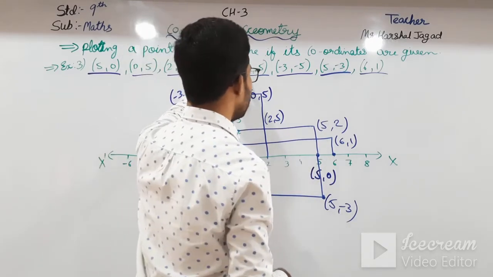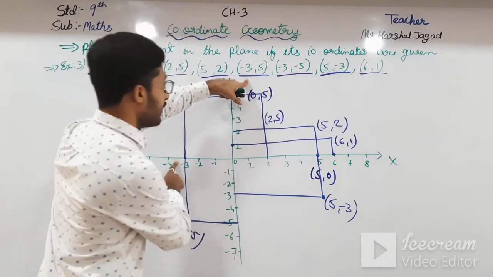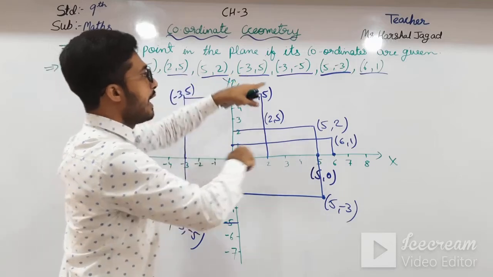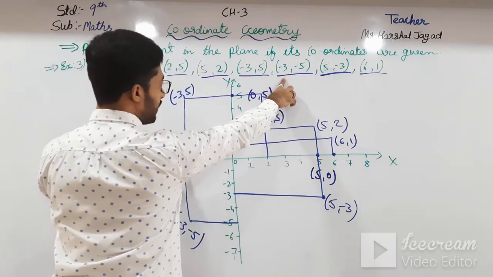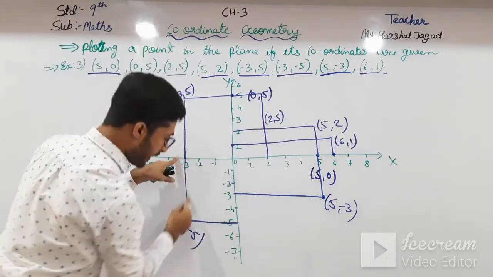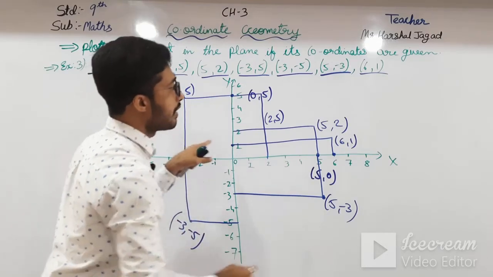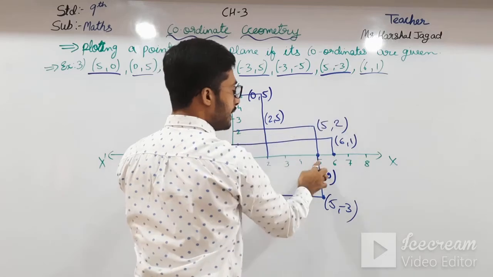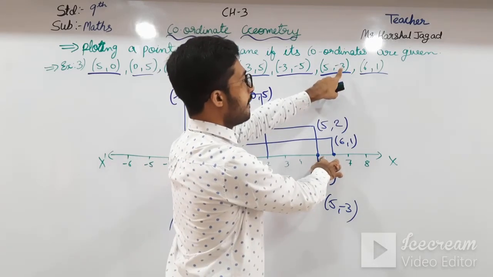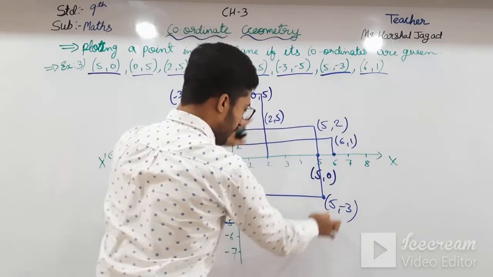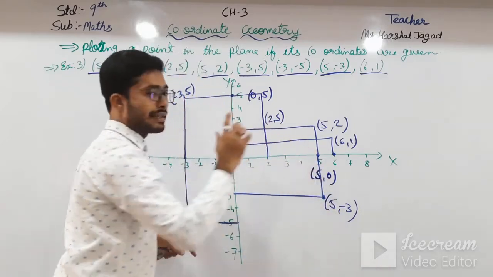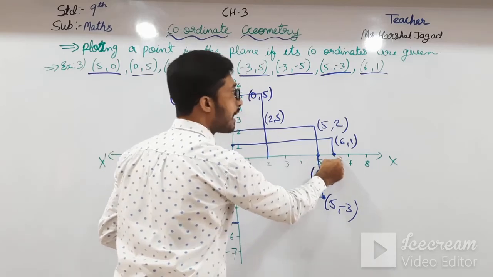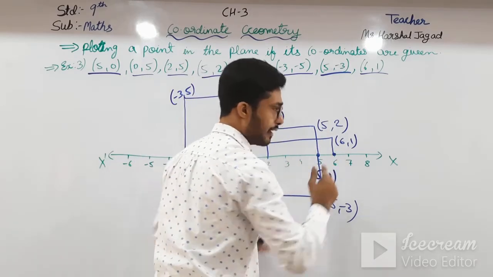And -3 on the x-axis and +5 on the y-axis, so it is over here. And on the x-axis minus 3 and on the y-axis minus 5. So it is over here. And 5, x is equal to 5, so it is here, and this minus 3. So it is over here and at last it is 6, 1. So x-axis 6 and y-axis 1. So this is that point.